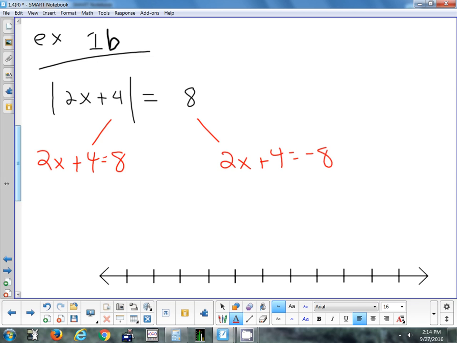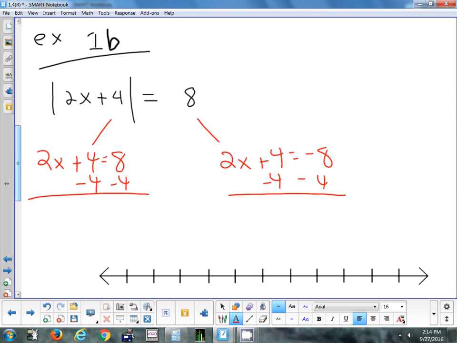Now, Ashley A. What's my first step in both equations? Subtract 4, I agree. Subtract 4, subtract 4. Guys, if you want to do this whole thing first and then do that one next, you can do that too.